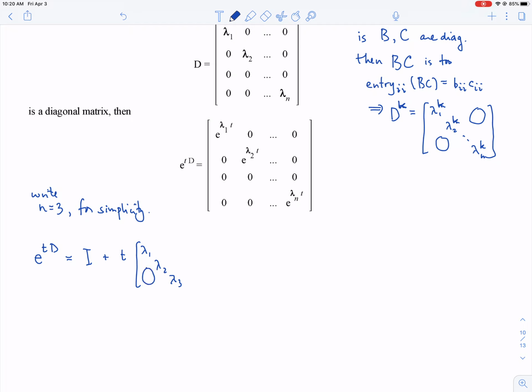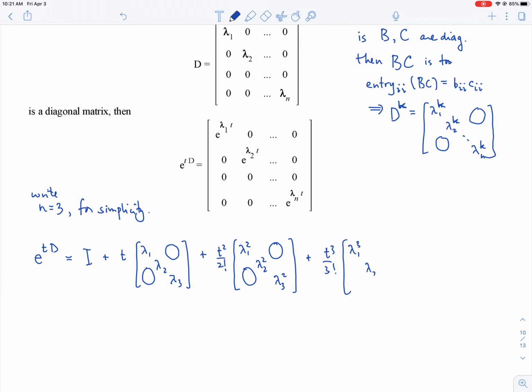I'll just put giant zeros to indicate that all of the off-diagonal entries are 0, plus t squared over 2 factorial times the matrix with lambda 1 squared, lambda 2 squared, lambda 3 squared, all other entries 0. One more term: cubes on the diagonal, zeros everywhere else.